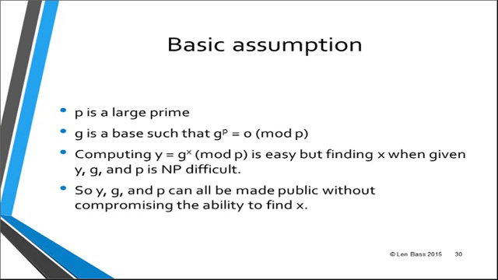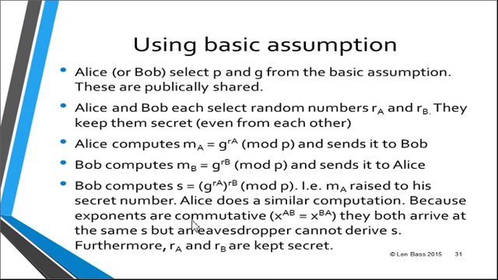So you can make y, g, and p all public without compromising the ability to find x. That's the essence of the Diffie-Hellman algorithm. So what happens is you have two people, Alice and Bob, who are standard protagonists in the security world, and they select p and g, and these can be publicly shared. And then they select large random numbers, which they keep secret from everybody else.